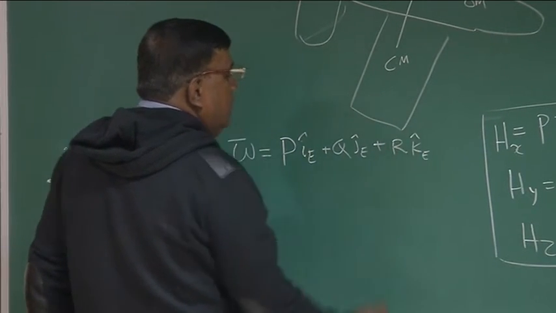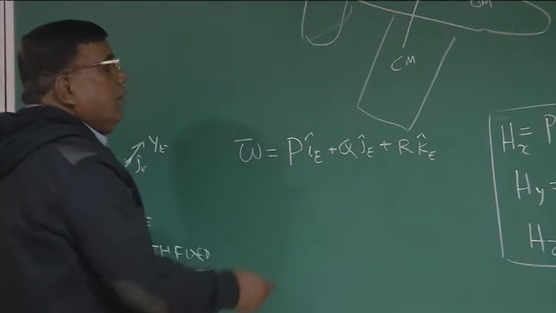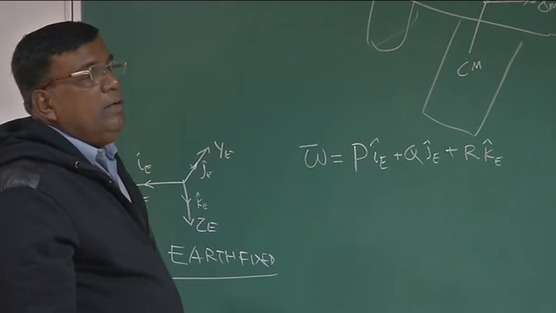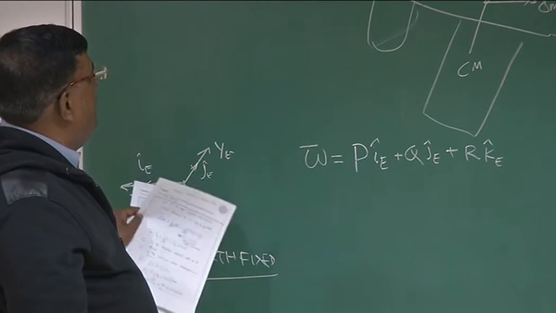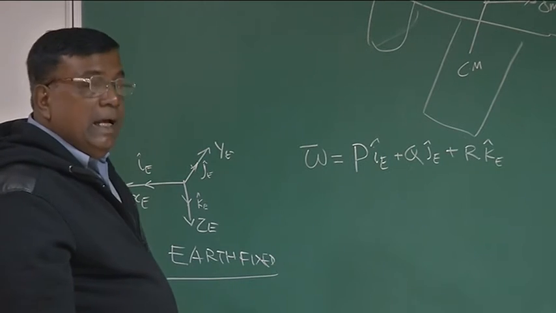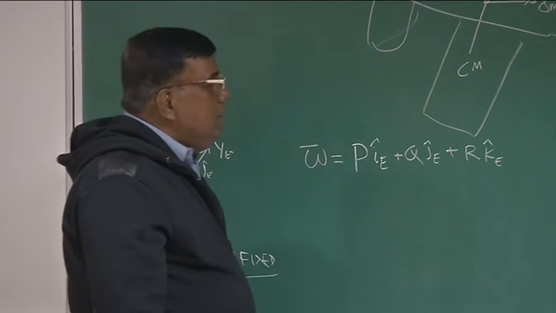What are P, Q, R? They are the components of angular velocity omega along the inertial earth fixed xE, yE, zE axes, right? So this is clear.